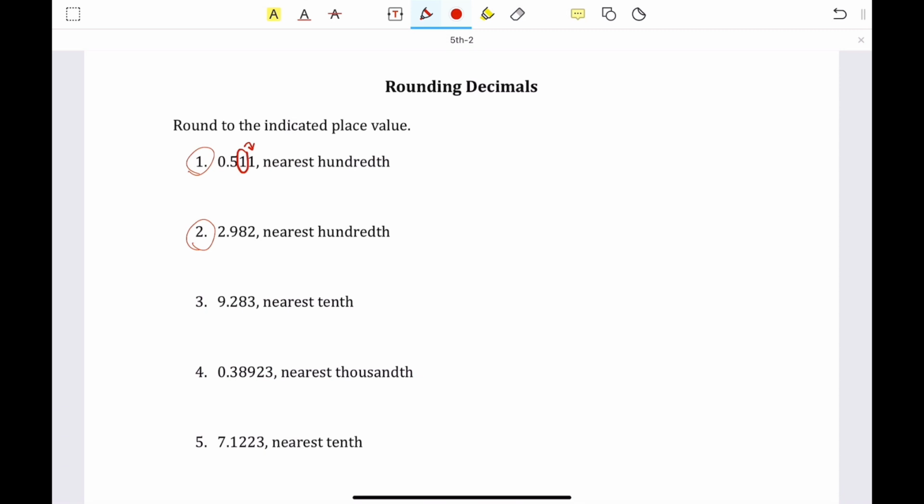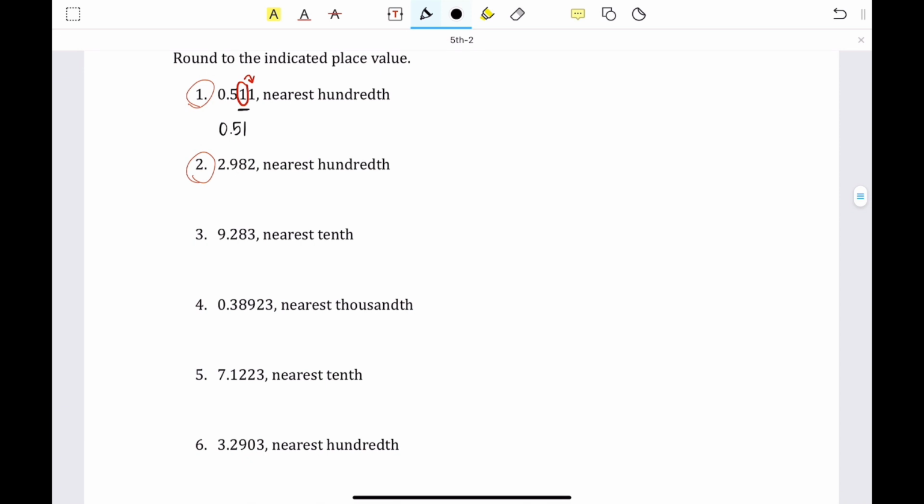And the right of that number you're rounding to is your thousandths place, which is 1. And since 1 is less than 5, you're going to keep the 1 the same, and the numbers left of it will be kept the same as well. So when you round it, it'll be just 0.51.